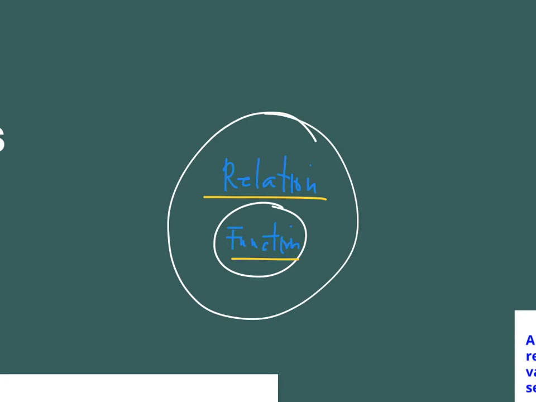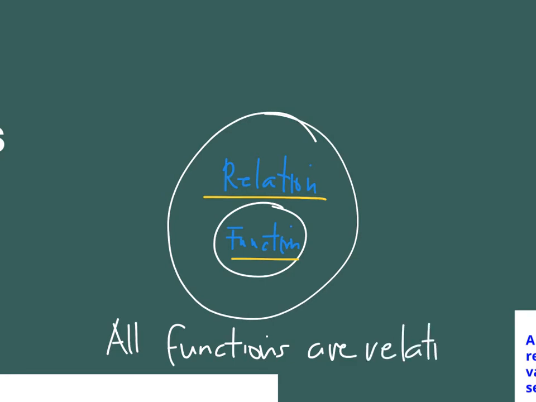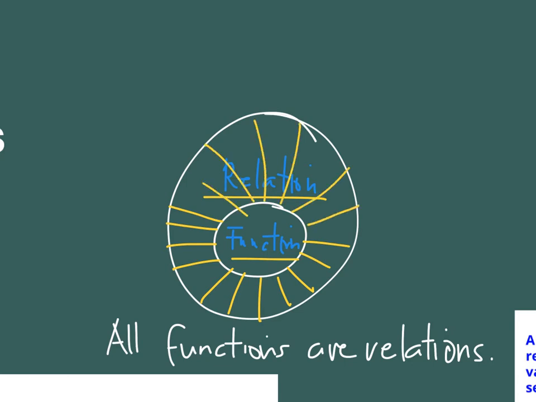The statement "all functions are relations" is correct, but the reverse is not correct. We cannot say that all relations are functions, because as we can see in the diagram, there are relations outside the set of functions, and these relations are what we call mere relations.